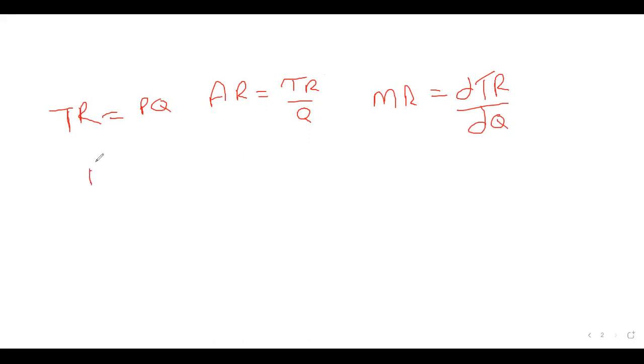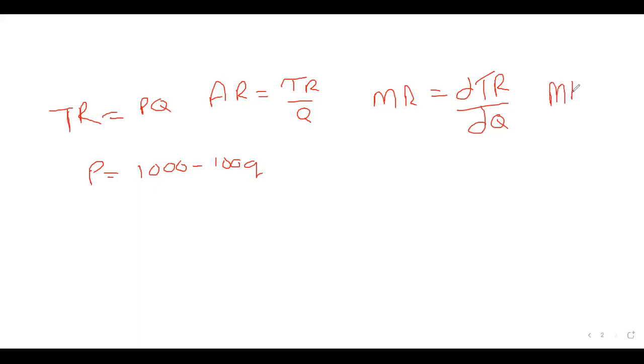So you'll be given the price function, for instance, as 1000 minus 100Q. You're asked to find the total revenue, the marginal revenue, and the average revenue, and also to maximize revenue.